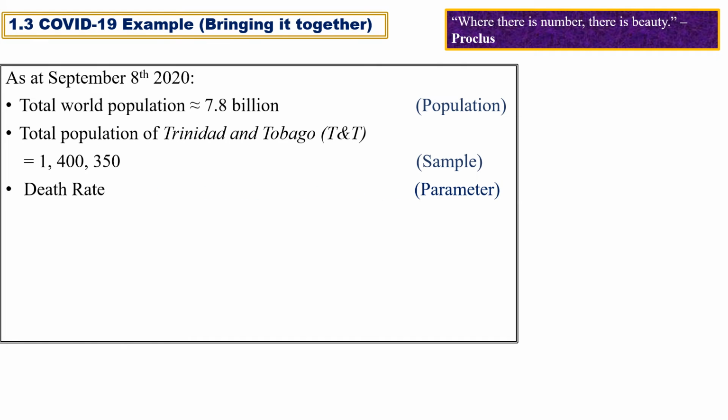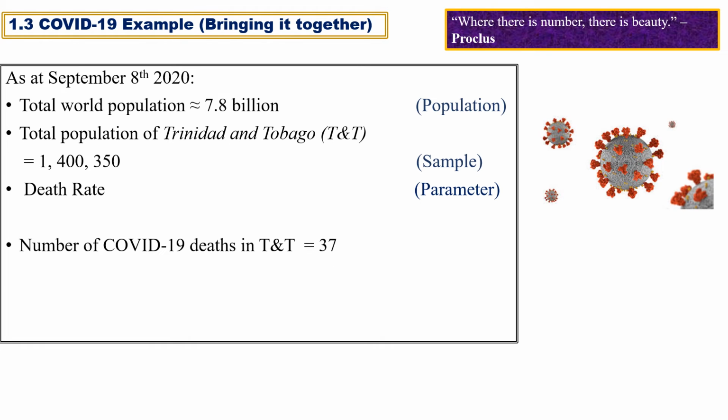So let's look at a particular parameter, the death rate. The death rate refers to how fast or slow people are dying in relation to the population. But this death rate, we want to calculate it for Trinidad and Tobago. Now, the number of COVID-19 deaths in Trinidad and Tobago as at September 8, 2020 was 37.